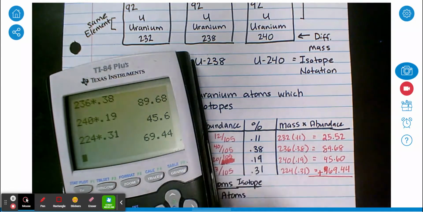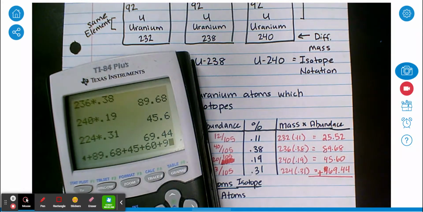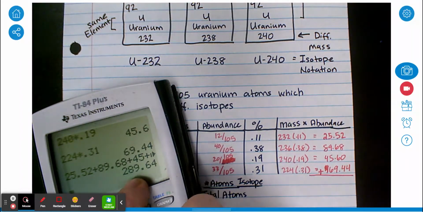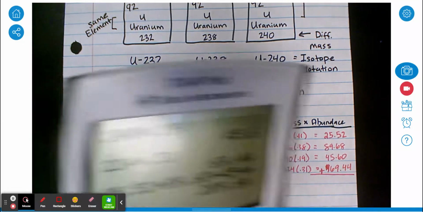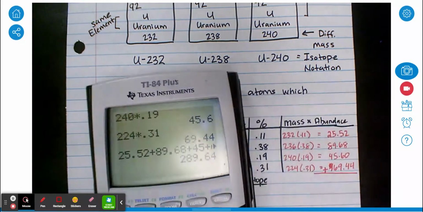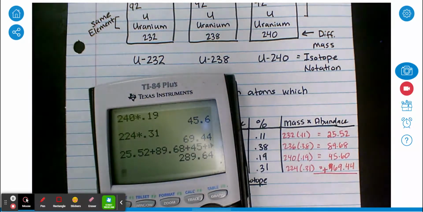Add those up. And I get a mass of something not right. Okay, so double check yourselves. I got a total mass of 290, which is bigger than all of my isotope masses over to the left. So something went wrong here. I'm going to double check and make sure it wasn't some button pushing.